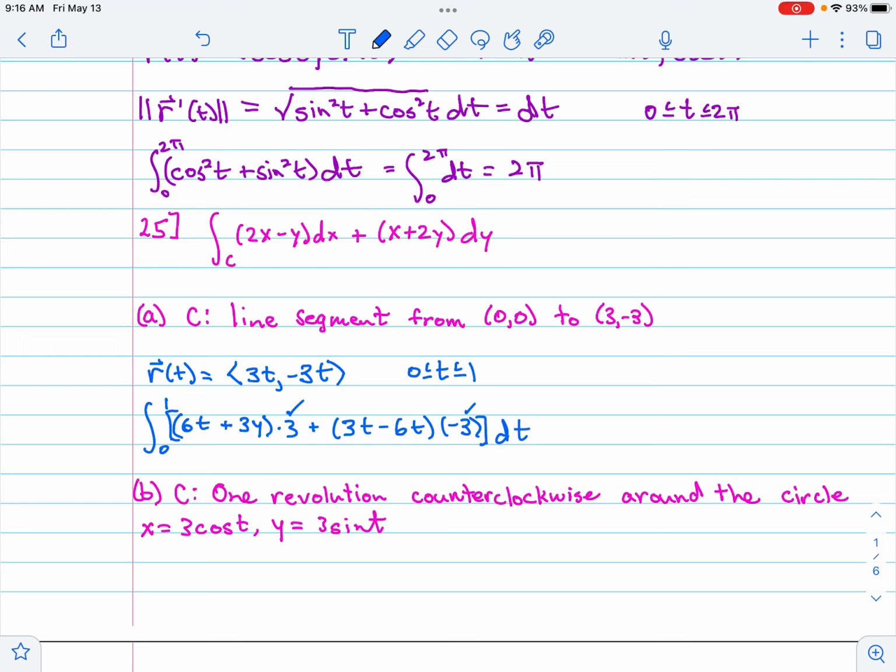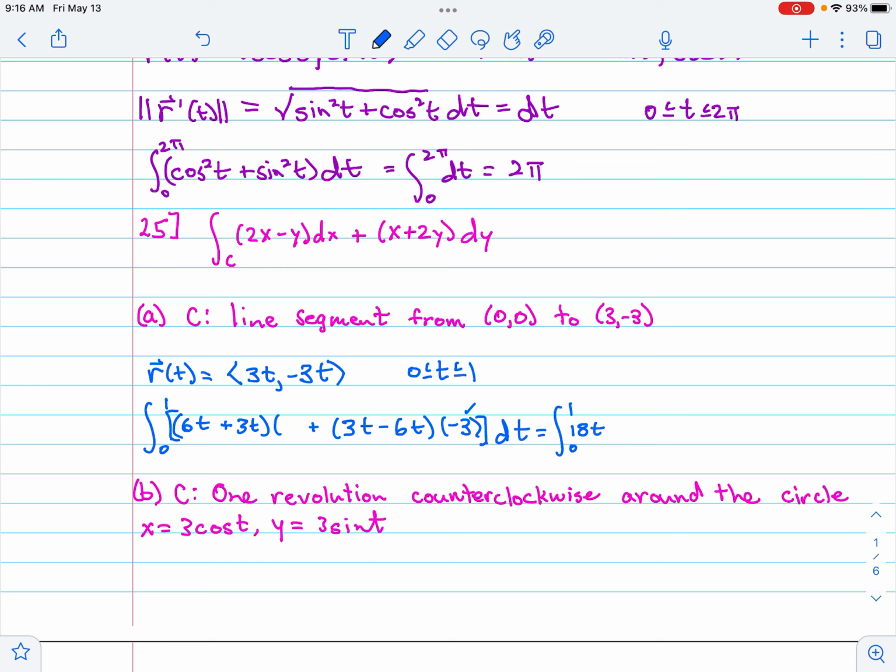But here, it all worked out. So now let's see what we've got here. We've got 0 to 1, and we've got 18t. Oh, I've still got a y in there, don't I? Let's see here. So this is y. This is plus 3t.